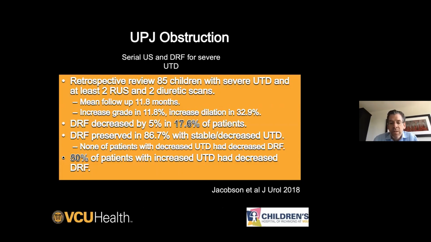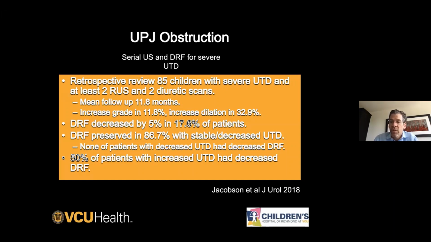Now, more recent studies have looked at this, and this is focusing, again, on serial ultrasound with respect to renal function. So this was retrospective, not the best, obviously, but they looked at 85 kids that had severe kidney dilation. Mean follow-up was around 12 months, and an increase in grade over that interval occurred in about 12% of patients.